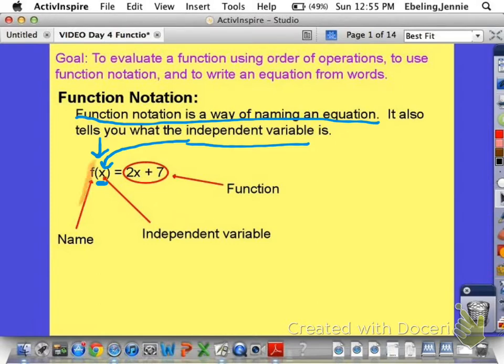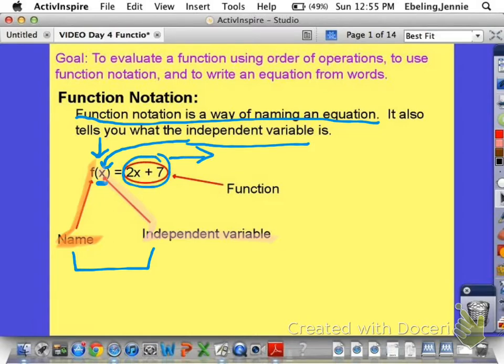So this guy right here would be the name of the function. The value that's inside the parentheses is the independent variable. So on the left-hand side of this equal sign, we're looking at the name and the independent variable. On the right-hand side of the function is the algebraic expression right here.